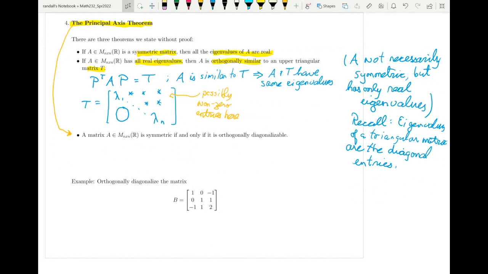Notice it's an if and only if statement. So you have these two statements here. So you have a symmetric matrix implies orthogonally diagonalizable.